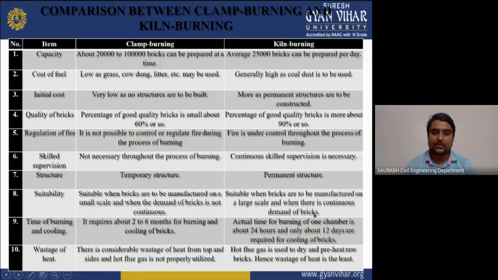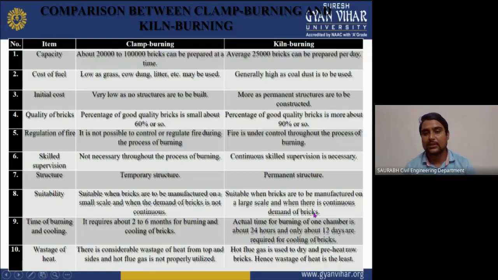So you can understand here by your common sense which one is a good method of burning a brick. In clamp burning we saw there are also some advantages, like we do not need to expend a lot of money on making a structure.